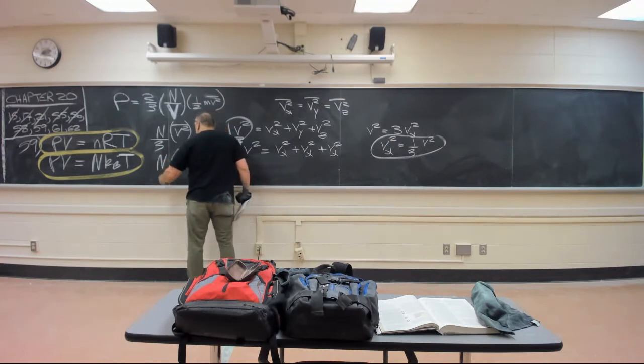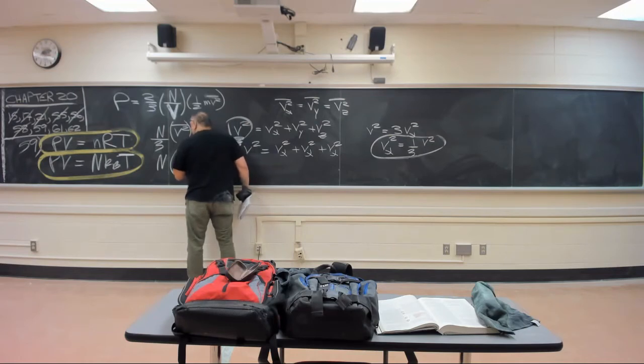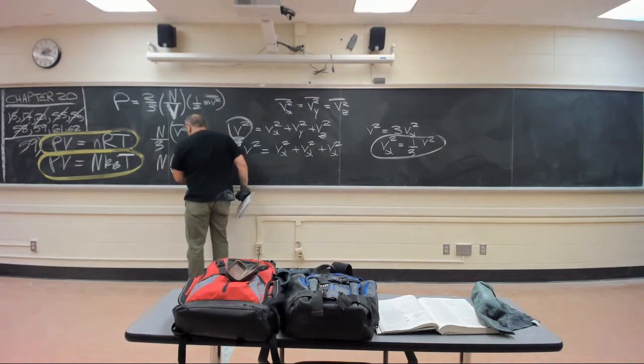Or all of them with 1/3 of the square velocity magnitude average. All of them are hitting with 1/3, all hitting with 1/3 this big number, or 1/3 of the numbers hitting with that max value.